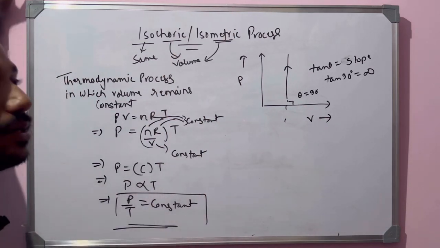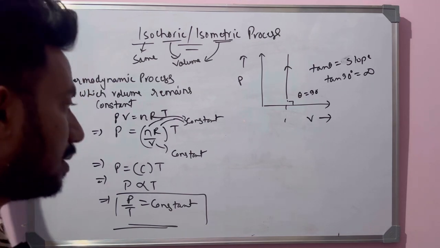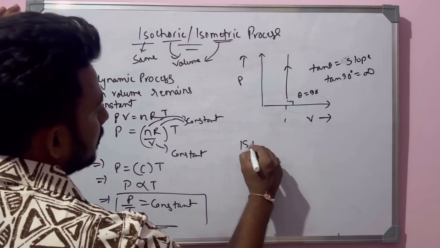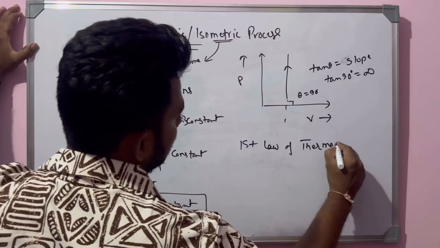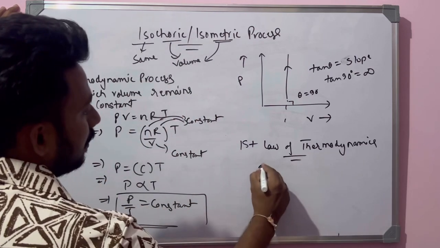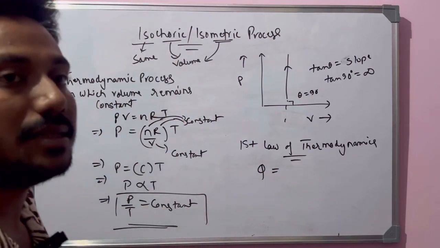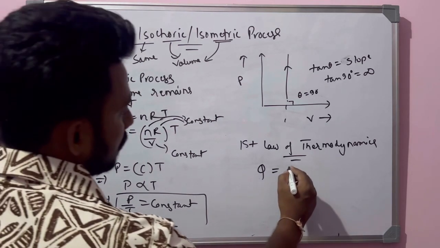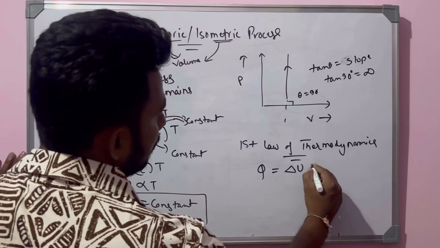Okay, so now if I talk about the first law of thermodynamics, right? The first law of thermodynamics says that heat given to a system will be reflected in change in internal energy and work done, right? So Q given to a system is equal to change in internal energy plus work done.